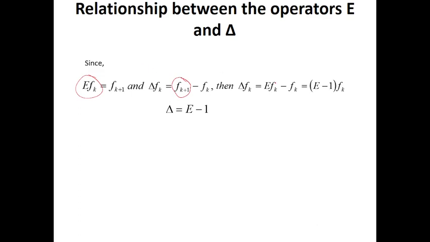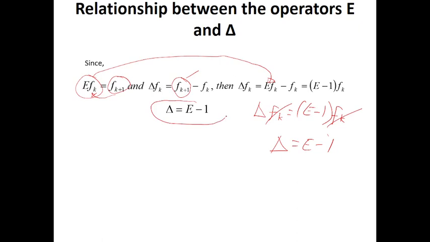Okay? So, dito napunta ngayon dahil f sub k plus 1 ay equal dito sa E f sub k, minus f sub k. So, pwedeng i-factor out yung f sub k. So, we have (E minus 1) f sub k.